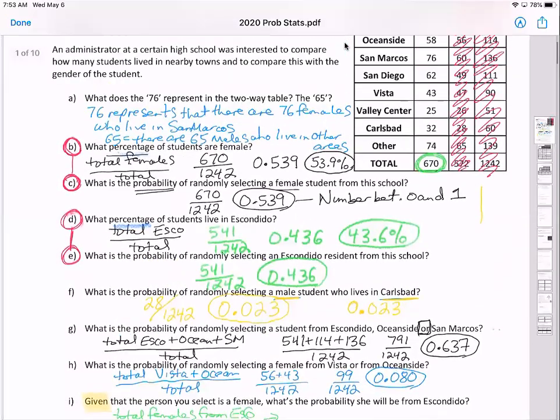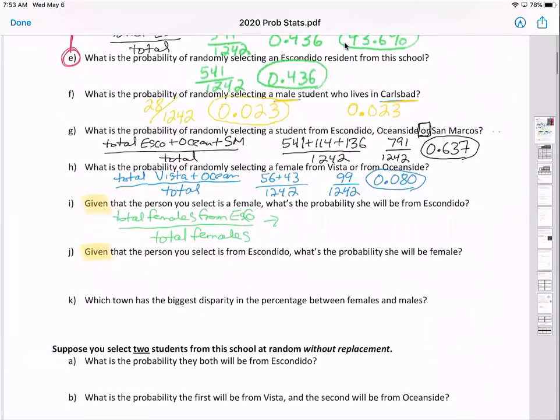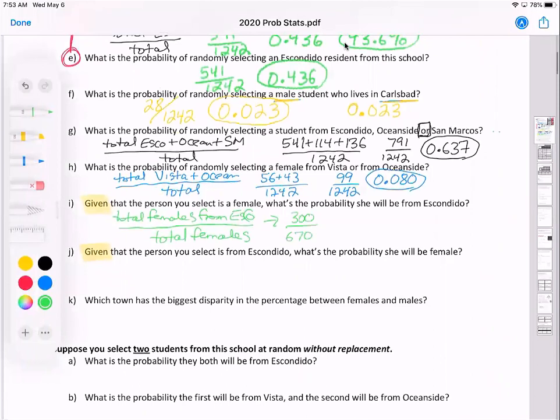So the total females from Escondido is 300. The total females is 670. So we have 300 divided by 670, and that would be 0.448. And that's our probability.